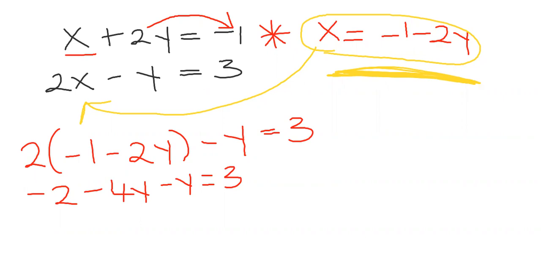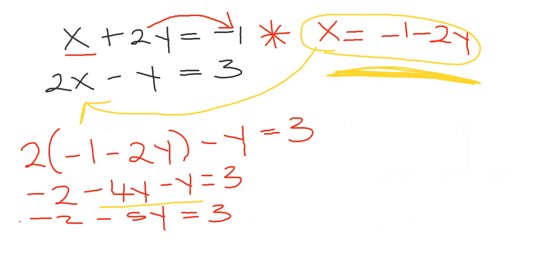Now we have -2, -4y, and -y. The -4y and -y are like terms, so work them out. Negative 4y minus y gives us negative 5y. Then this is equal to 3.